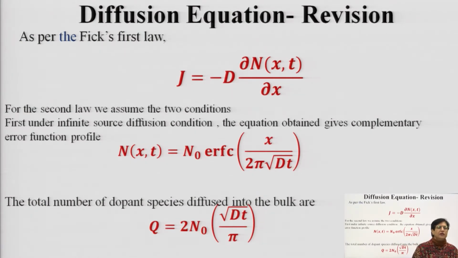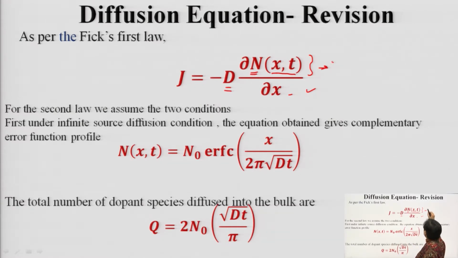In the last lecture we saw Fick's law, which defines diffusion. This is the diffusivity, that is, J equals minus D dou n by dou x, where n is the concentration, x is the distance and t is the time. So, we are considering the concentration variation as a function of distance as well as time.